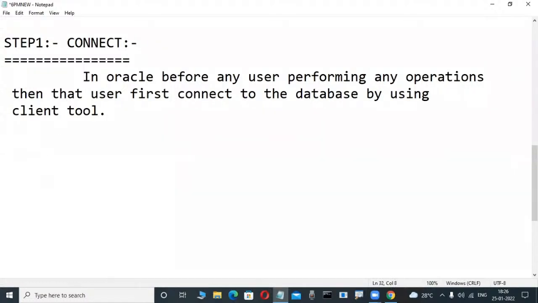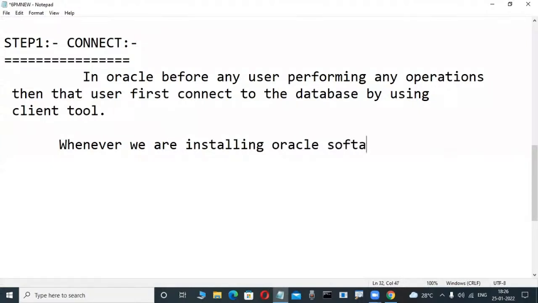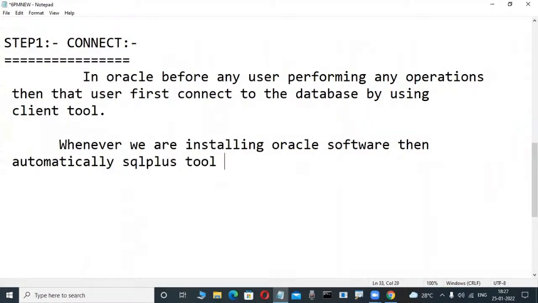Next paragraph, write it. Whenever we are installing Oracle software, that is called the Oracle server, then automatically the SQL Plus tool is created.